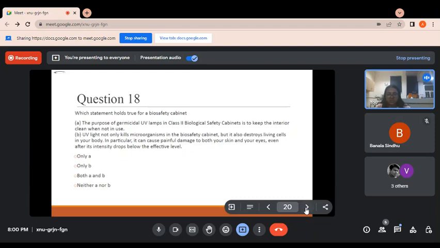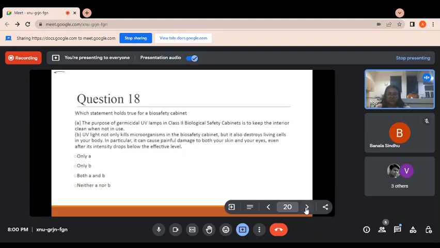The second is B: UV light not only kills the microorganisms in the biosafety cabinet, but it also destroys living cells in your body. In particular, it can cause painful damage to both your skin and your eyes even after its intensity drops below the effective level.